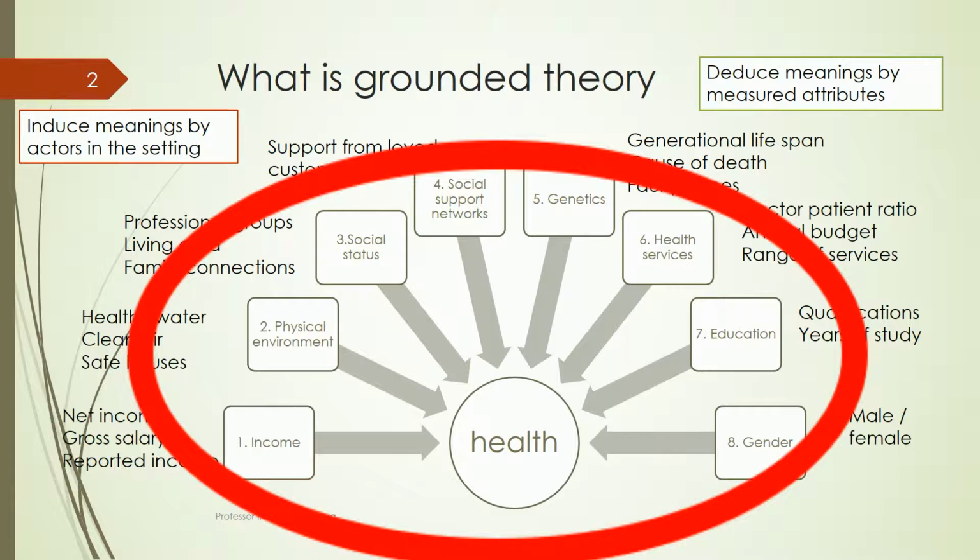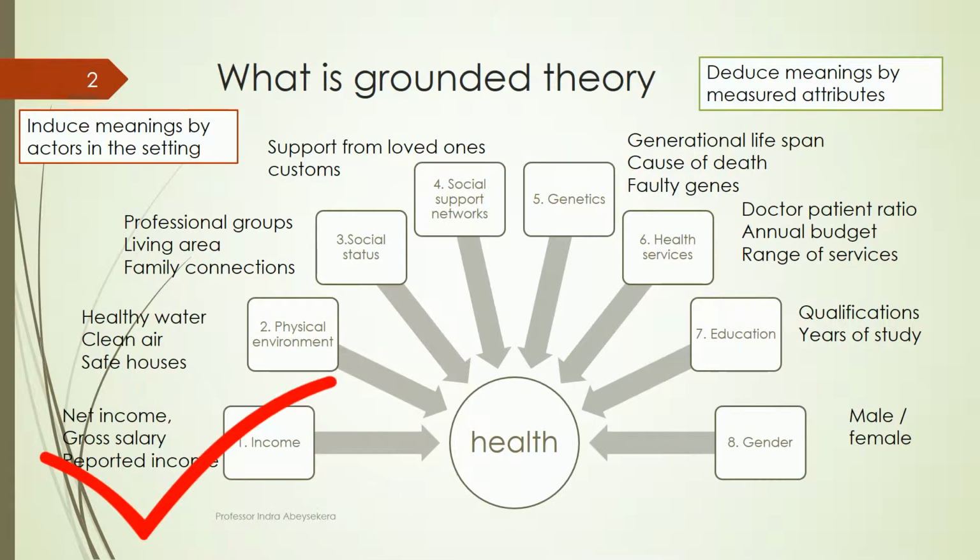In the positivist tradition, each of these factors is measured using an attribute that represents that factor. For example, income could be measured as net income, gross salary, or reported income.